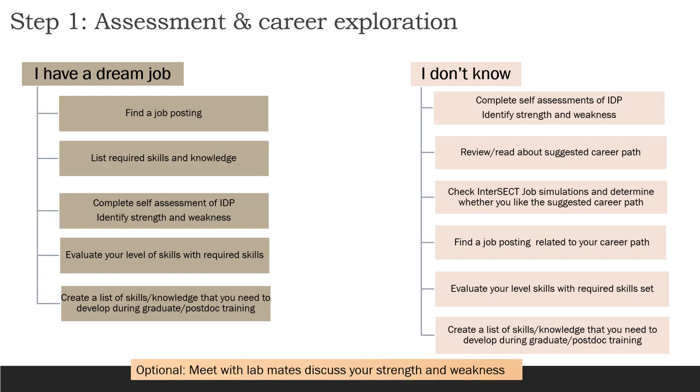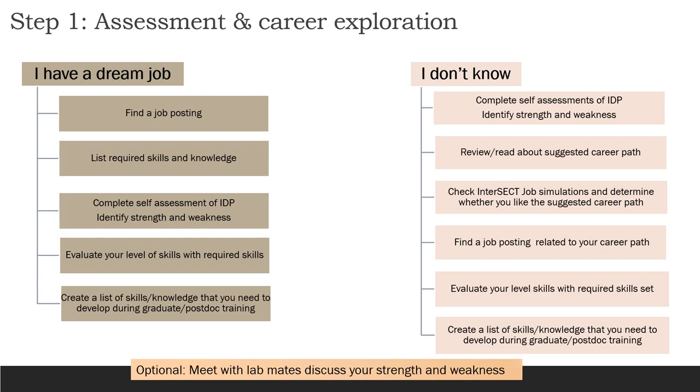So let's move back to the student who does not have a clear career path. In that case, you go directly to the IDP assessment tool and finish the skills, interest, and value assessment. It is the same process as what I described earlier. You rate some statements and it will give you a final evaluation about your weakness and strength areas.